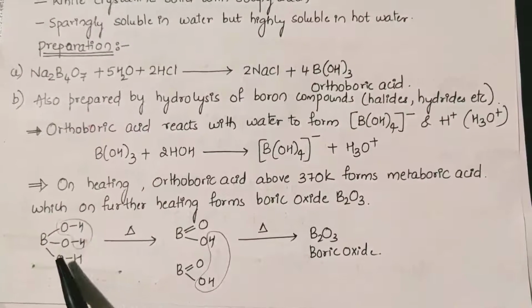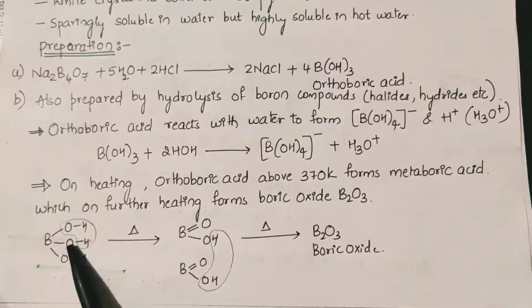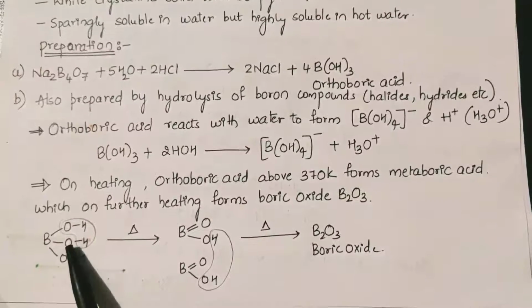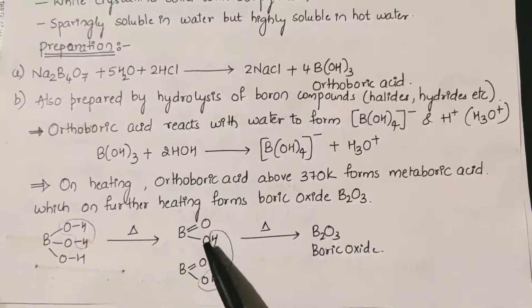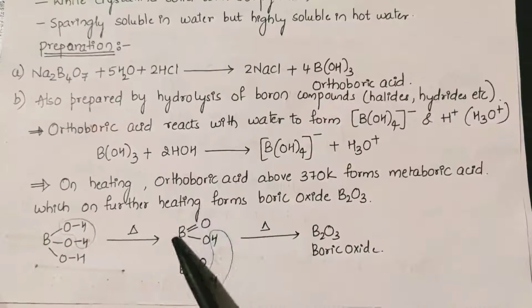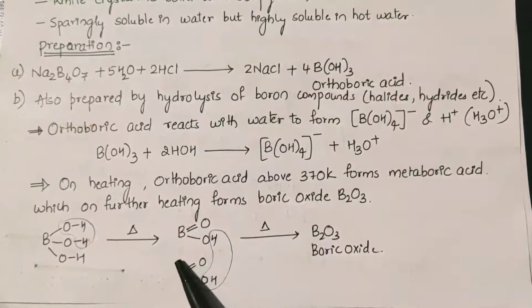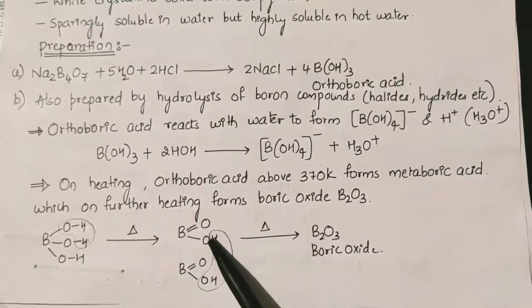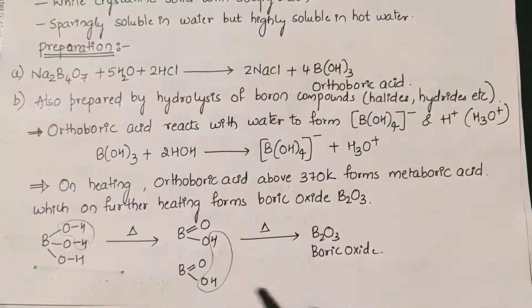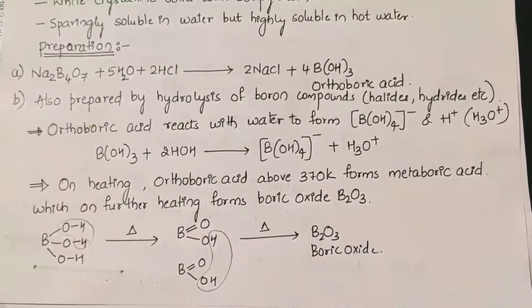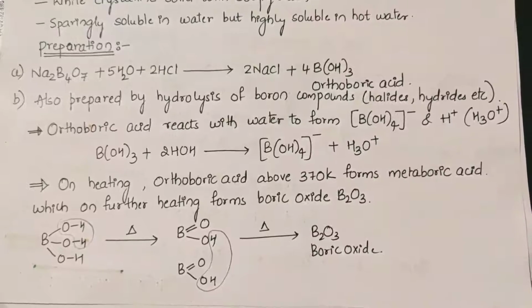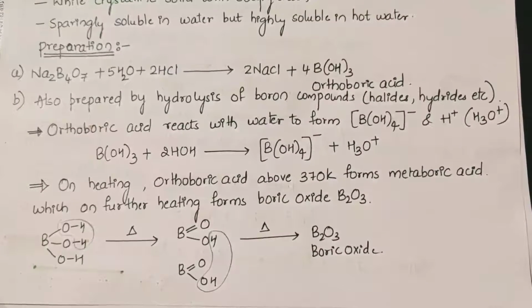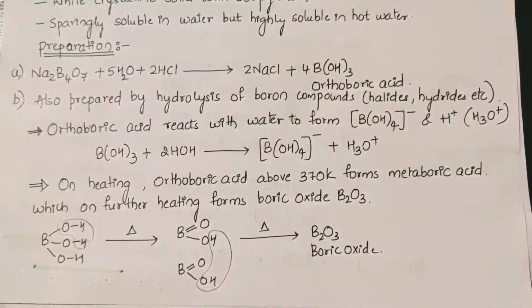You have remaining one oxygen and one OH. This oxygen makes up a double bond, and then you have OH left out. If you take one more such molecule and heat it again, a water molecule will again be lost. Remove H2O, and you get boric oxide. So whenever you heat orthoboric acid, first it forms metaboric acid, which on further heating forms boric oxide.